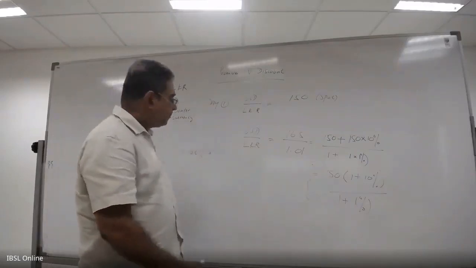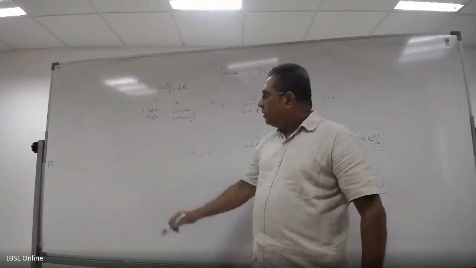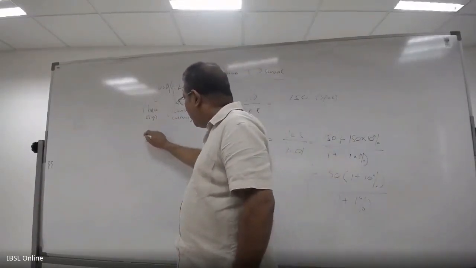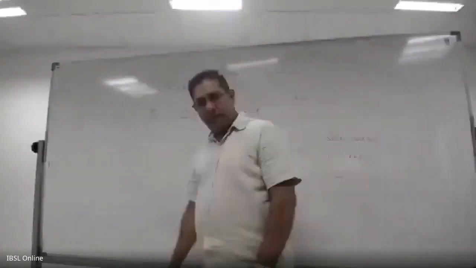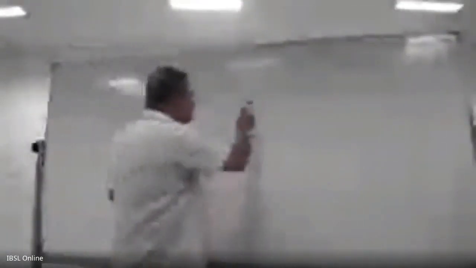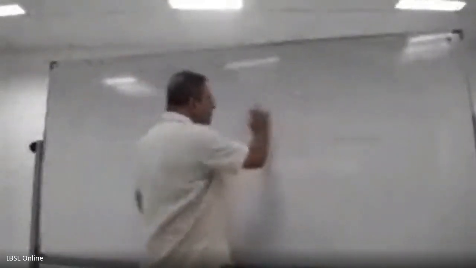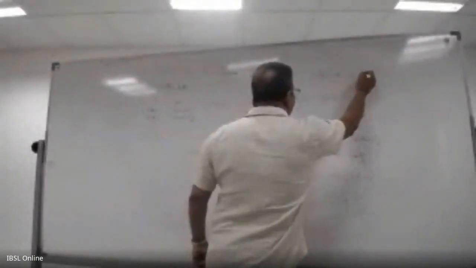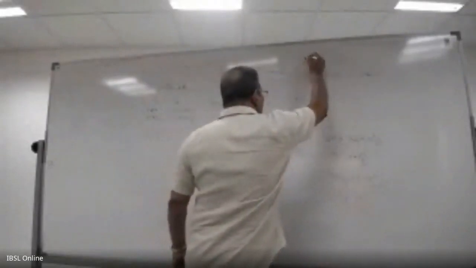If you find an exchange rate like USD LKR, X and Y, X is the base currency, Y is the counter currency. I told you that USD LKR I will write like this. In other words, this is written USD to LKR 150. So this is the base currency, this is the counter currency.